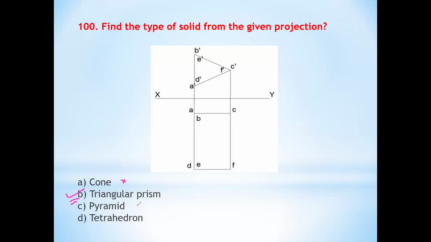It's not possible. Pyramid is not possible, because we can't get a rectangle in any of its views. Then tetrahedron, it's also not possible. So option B, triangular prism, is correct.